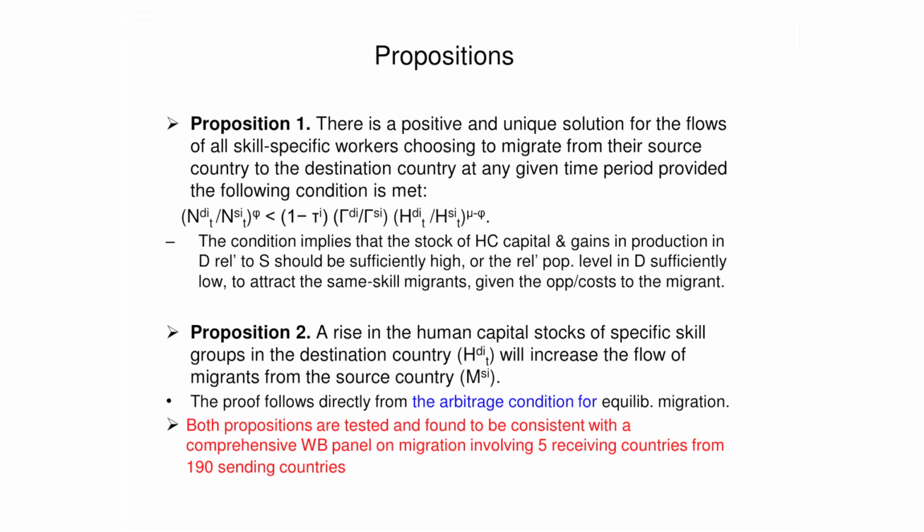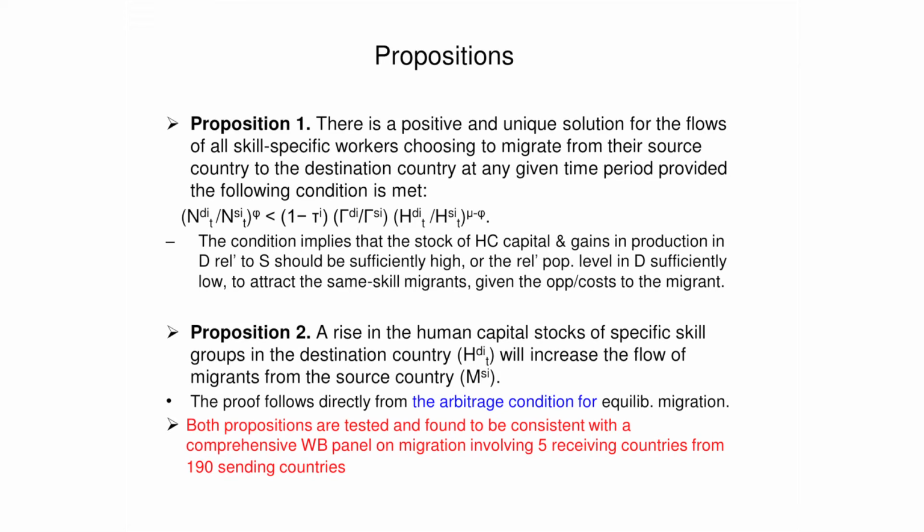Both propositions, I should say, because I'm probably not going to have enough time to cover them, have been tested by us and found to be consistent with a comprehensive World Bank panel on immigration that involves 5 receiving countries from 190 sending countries.